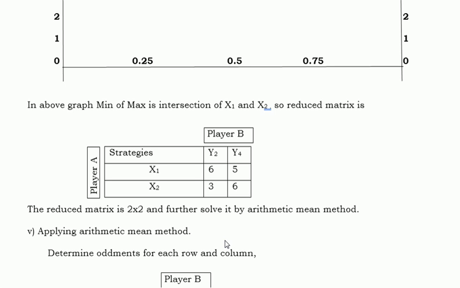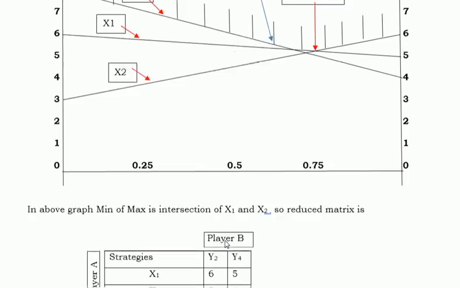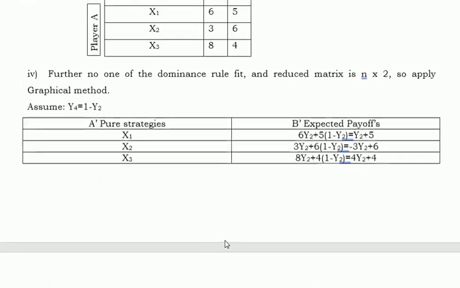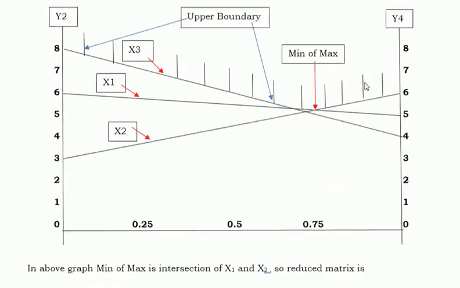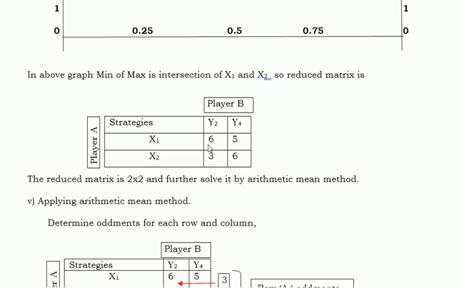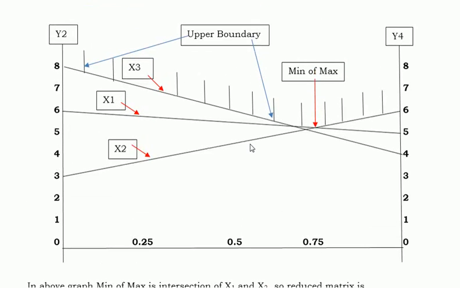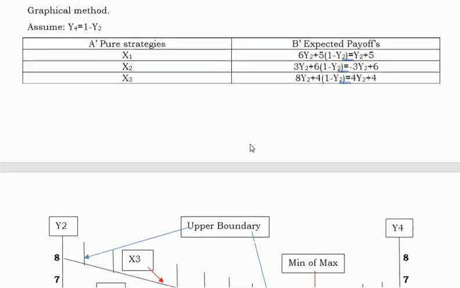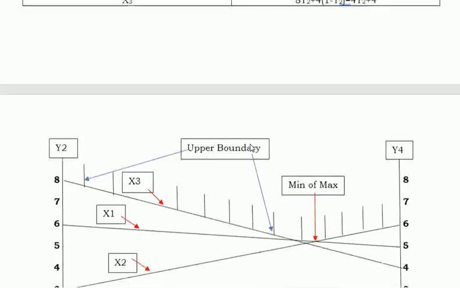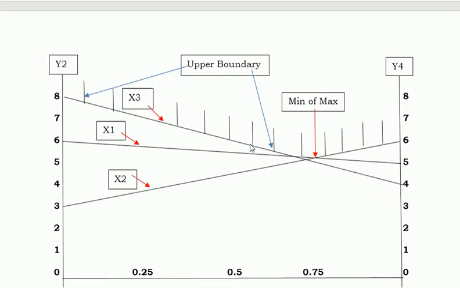This is the objective of the graphical method. For any n by 2 order matrix, any number of rows and 2 columns, you can reduce it to 2 by 2 like this.